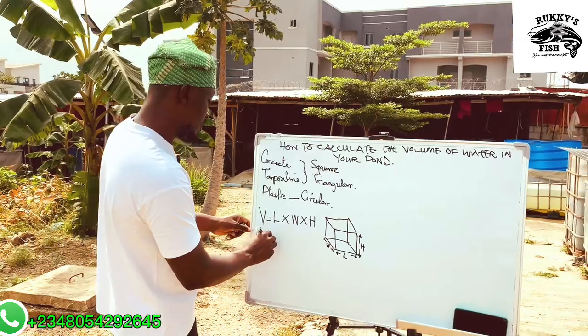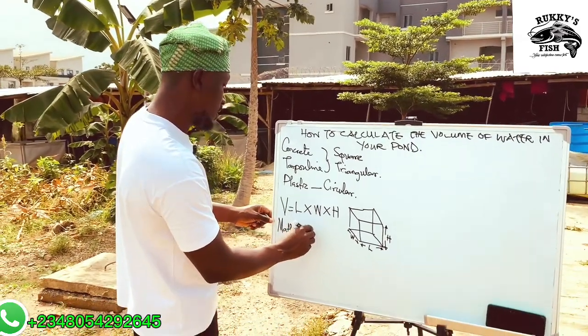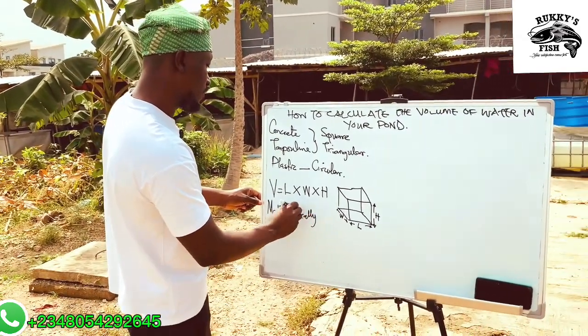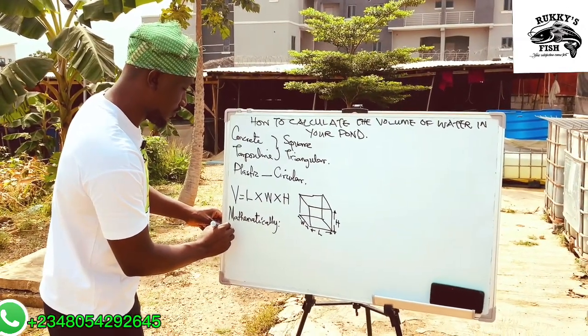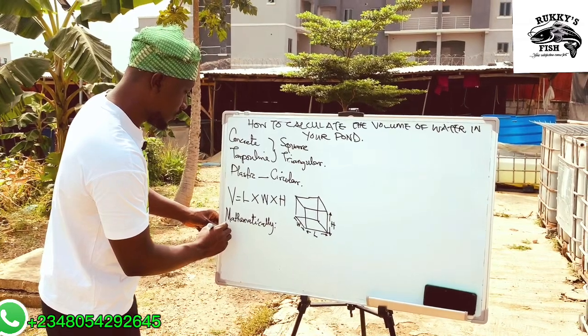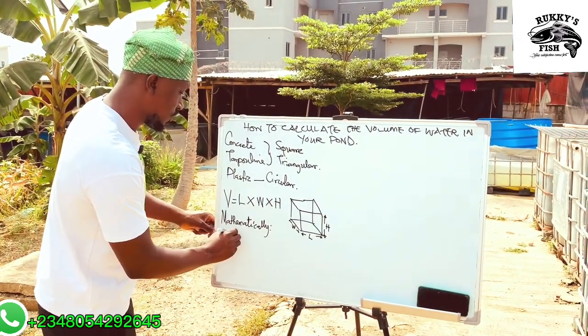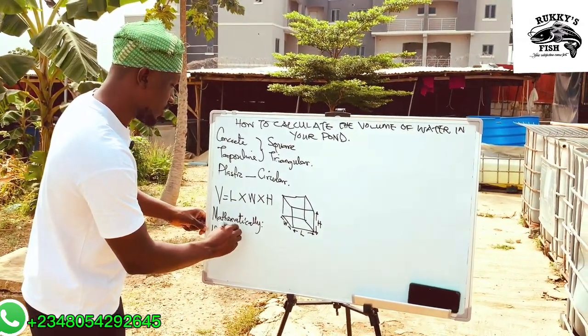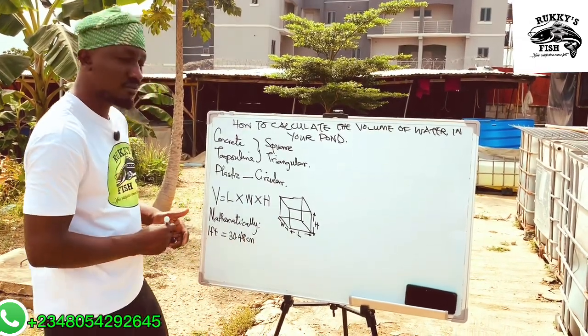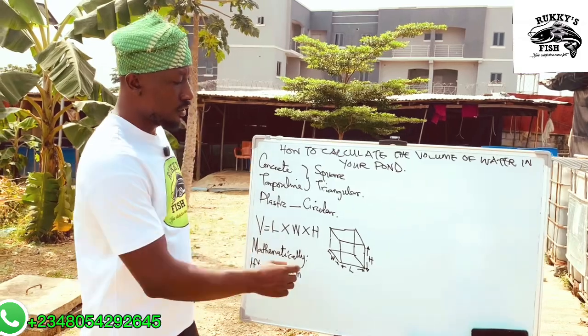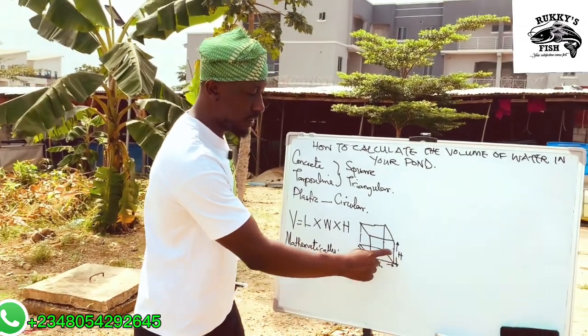Mathematically, we are looking at measurement. If we have 1 foot is equal to 30.48 centimeters.